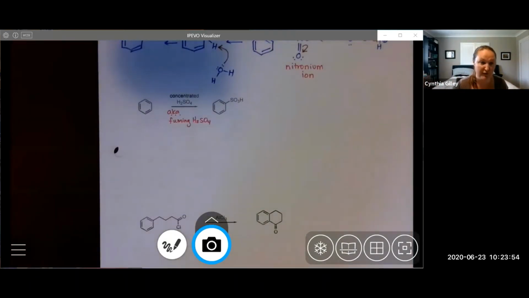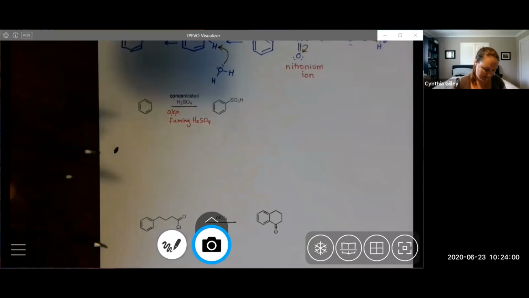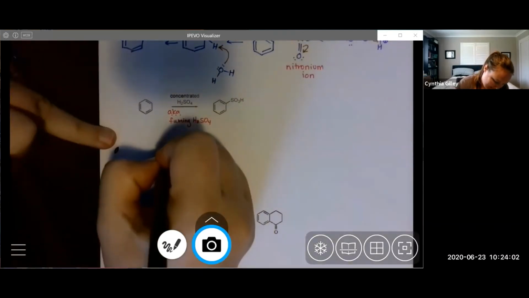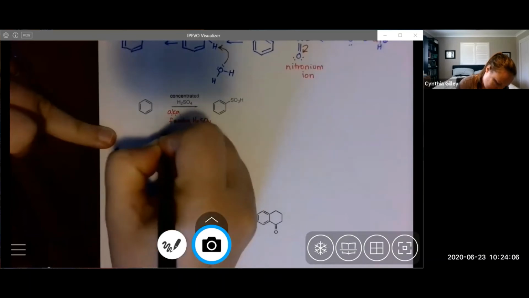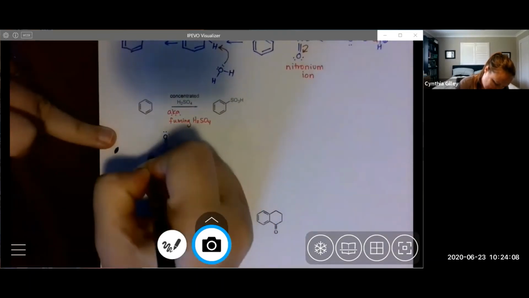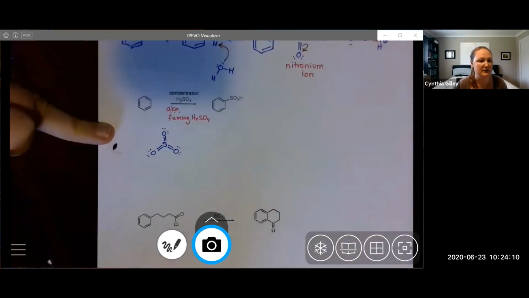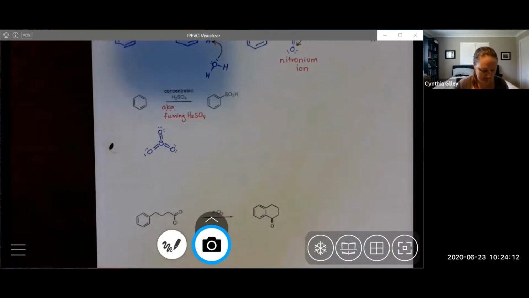And the fumes are actually the electrophile. What is in the fumes? Sulfur trioxide, which is present in super concentrated solutions of sulfuric acid. And it's volatile, so that's why it's present in the fumes.